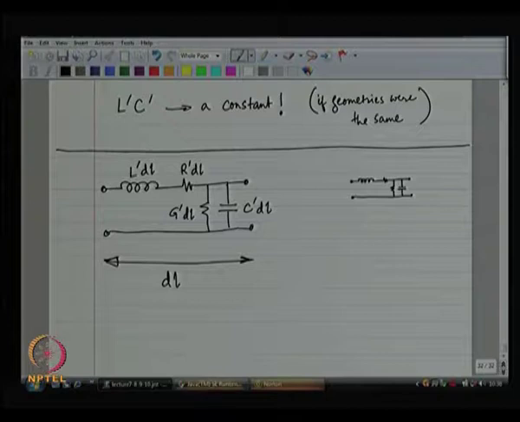Let us say I have got a wire of very small length dl, then this is the model for the wire, and a wire of huge length is basically a cascade of these sections till I complete the entire length of the wire. So, this is my model for a wire. It is a cascade of a lot of these sections. Each section has its own inductance, resistance, capacitance and conductance.